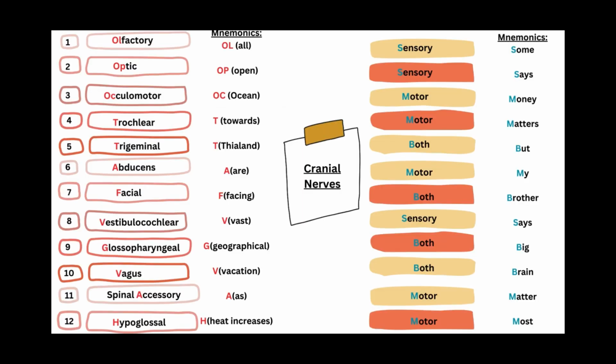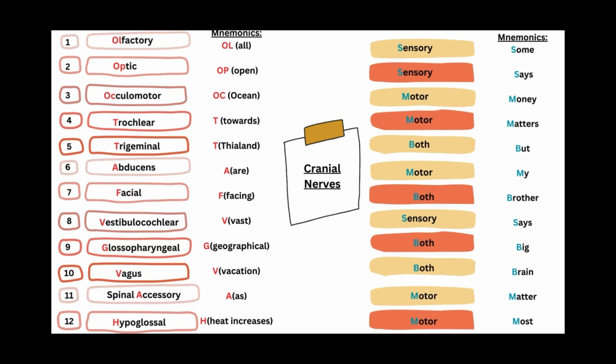Here comes the most important slide, that is cranial nerves. As we all know, there are 12 cranial nerves, and in order to remember them in sequence, I have put mnemonics in front of the nerves. I have experienced this myself: I always got confused about whether the olfactory was the first, or the optic, or maybe the oculomotor.